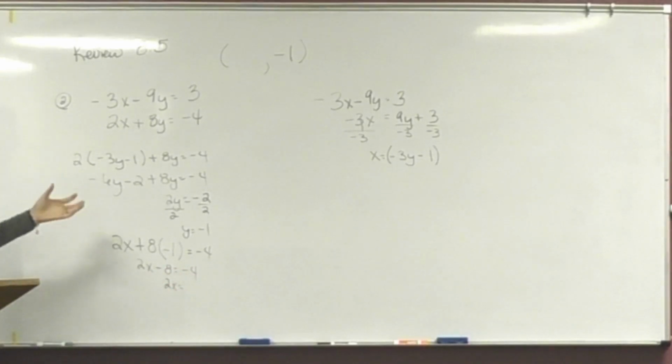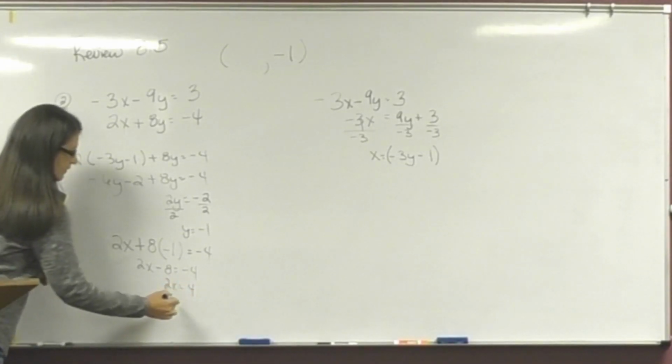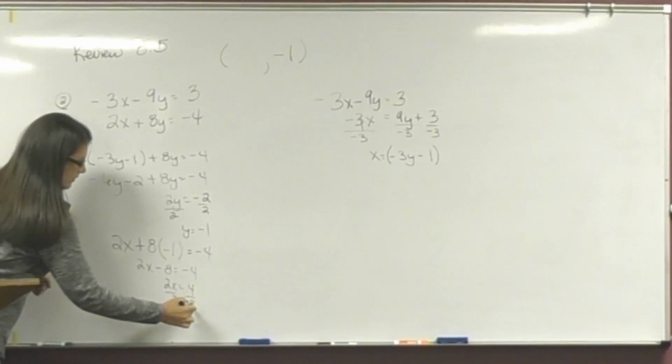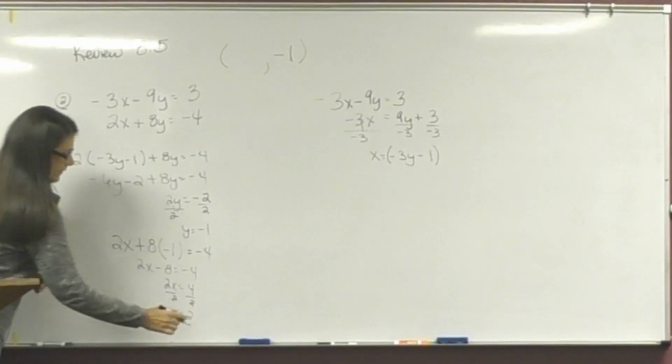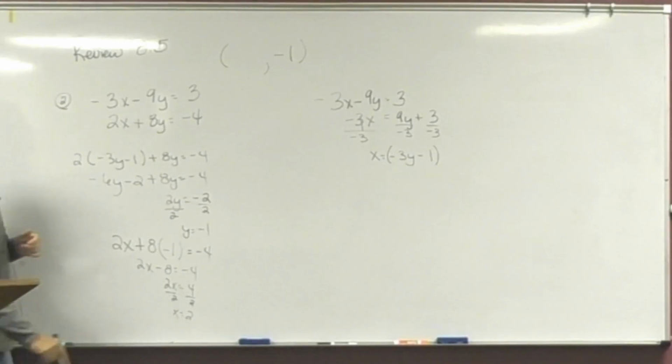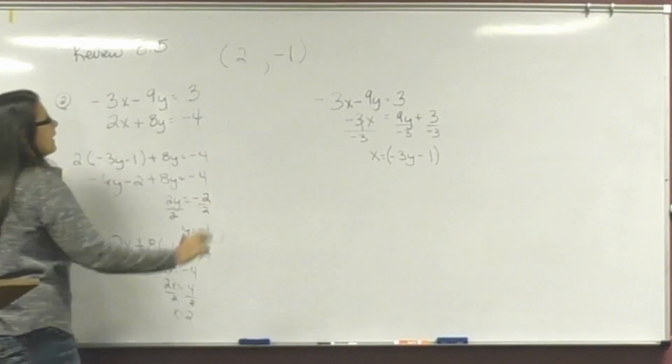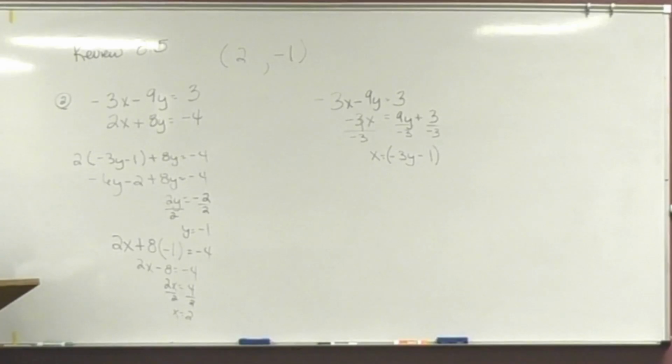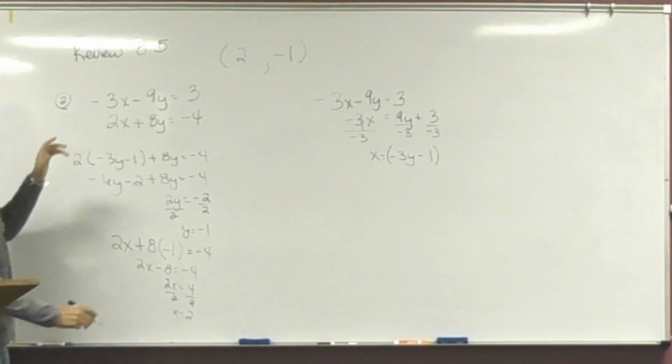I take that negative 8, move him over, and he becomes positive. 8 minus 4 is 4, divide both sides by 2. x equals 2. Now we're going to check them because they have to work in both, okay? So let's check.